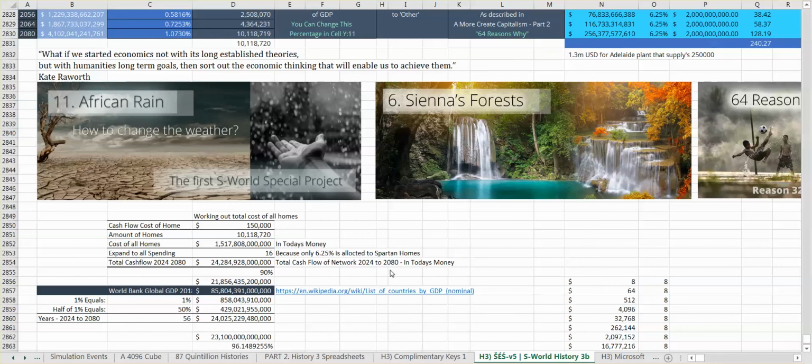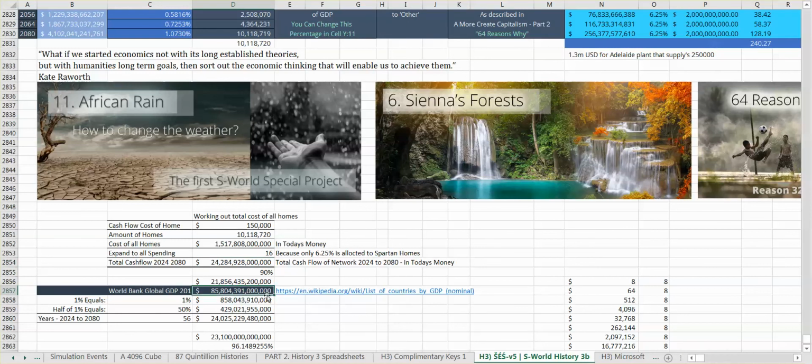Okay, I think this is the double check. Sorry about this. So we got here the total cash flow, which is adding all the cash flow up, basically.